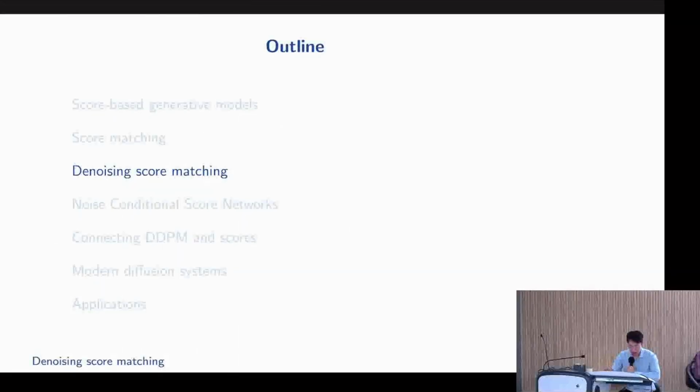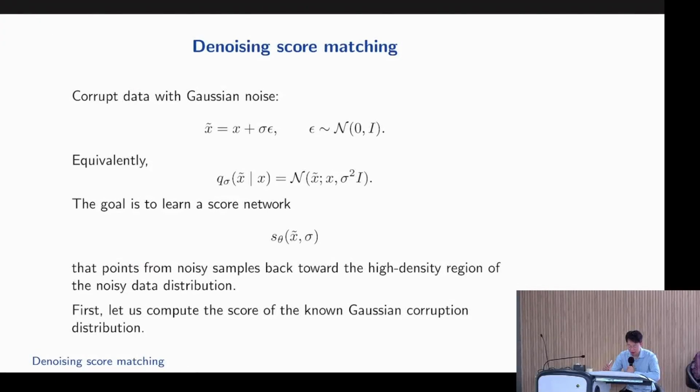Okay, so what's the alternative? In denoising score matching, so we are getting closer and closer to DDPMs, by the way, you intentionally corrupt the data with Gaussian noise. So given data X, you add Gaussian noise. Let's call the corrupted data X tilde.